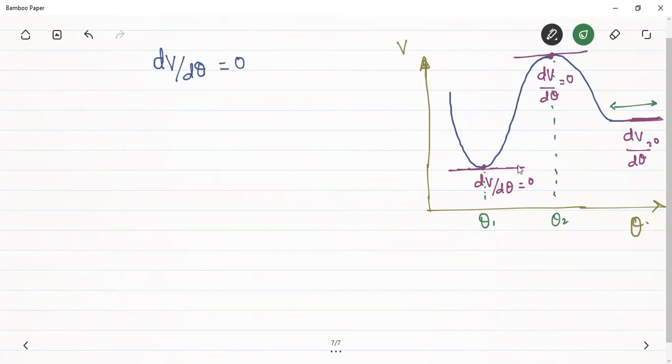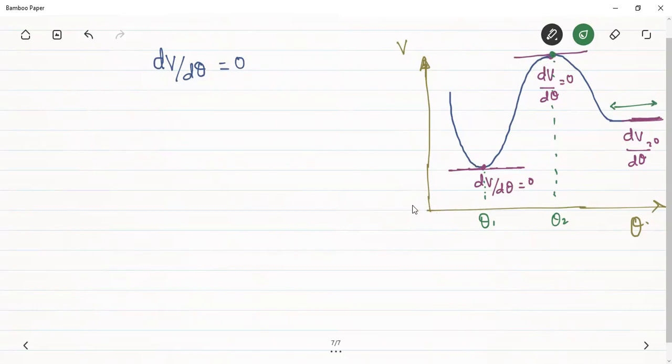Now, which will correspond to the stable equilibrium and which to the unstable equilibrium will be given by the second derivative. Since dV by d theta is 0, this is a position of equilibrium, but this corresponds to the minimum. You can see that this corresponds to the minimum potential energy, and this point corresponds to the maximum potential energy.